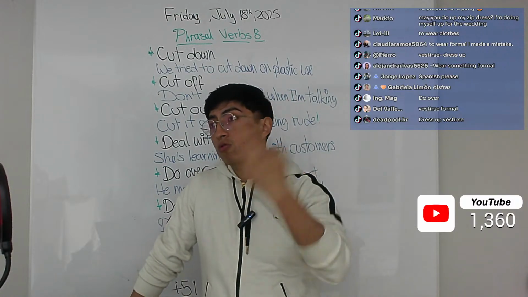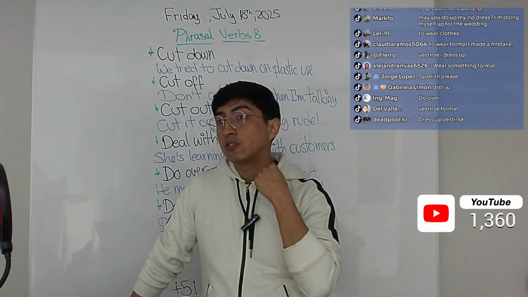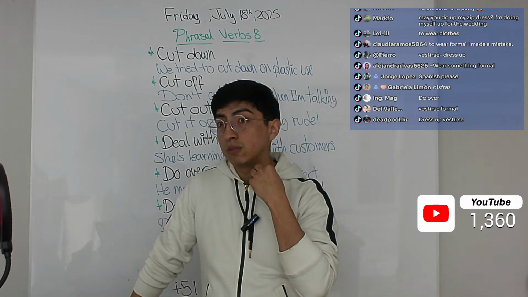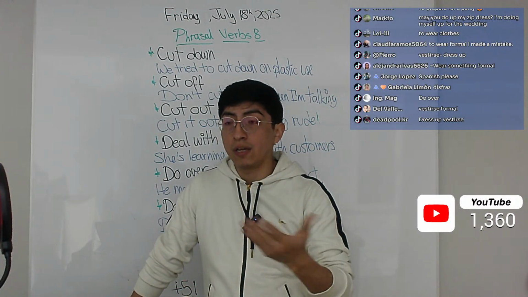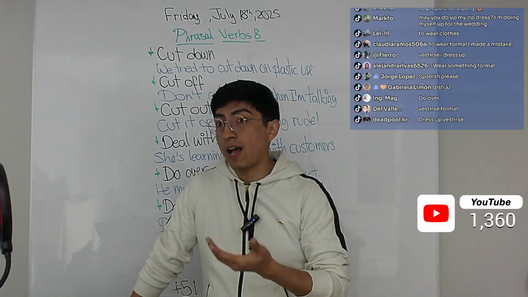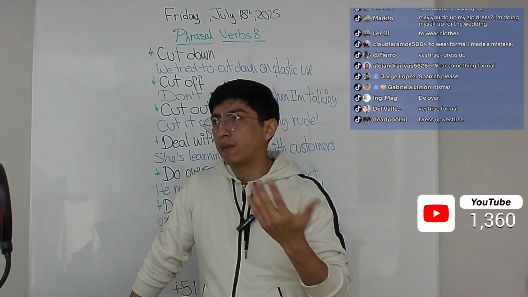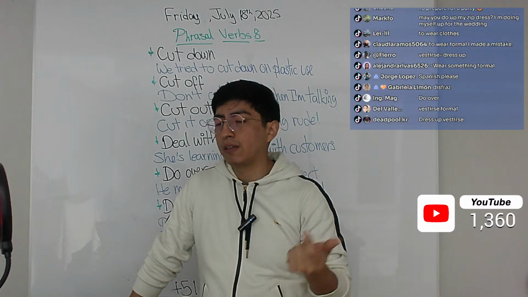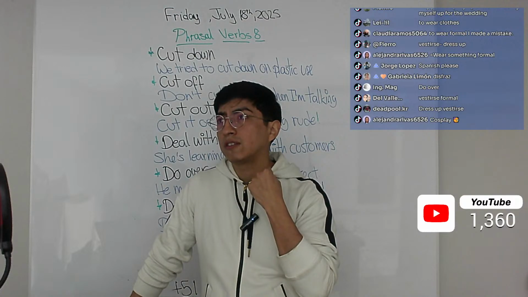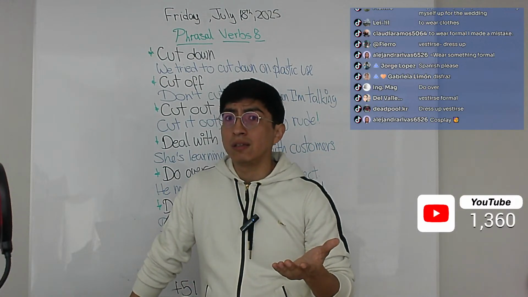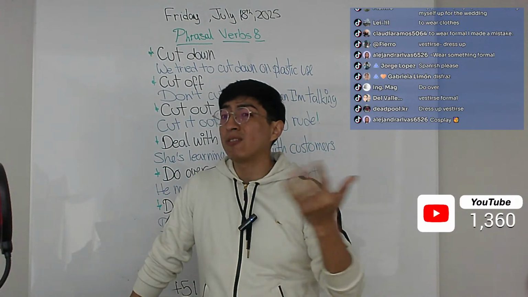Number two, to dress up is to wear costumes. For example, this is very common at Halloween. Okay, Halloween, we dress up. It's different. In this case, characters. Some people like to dress up as superheroes.